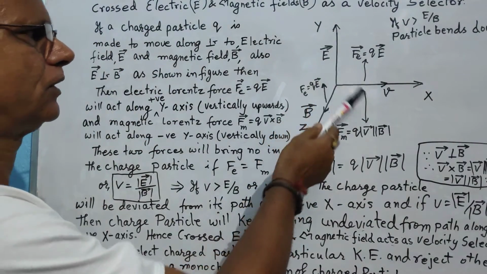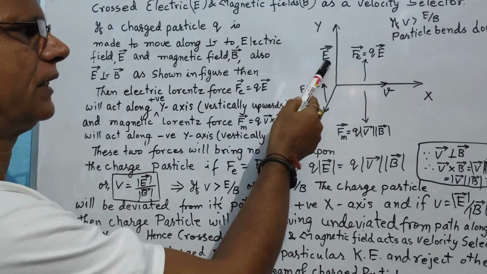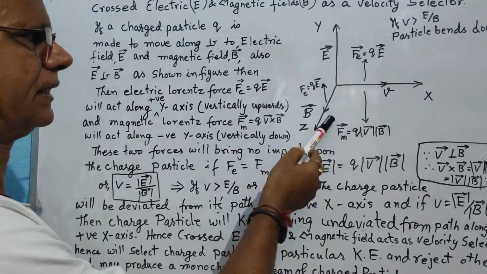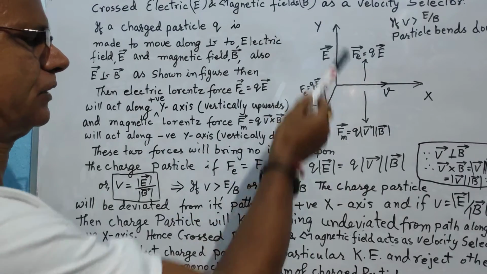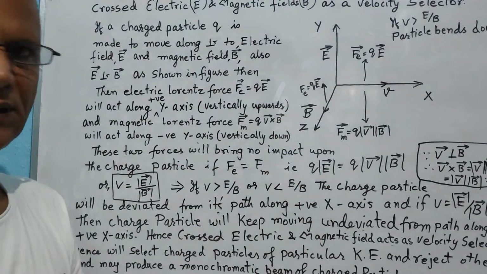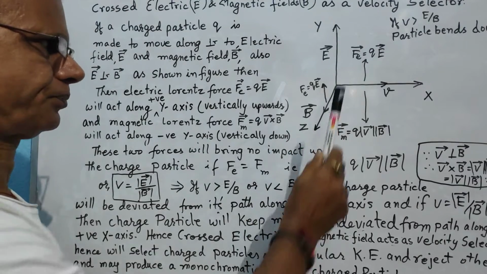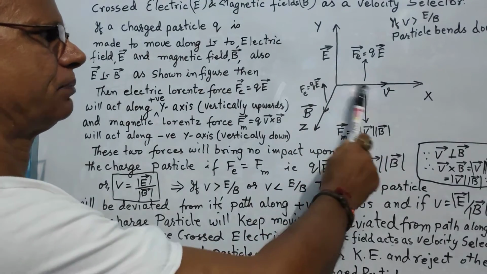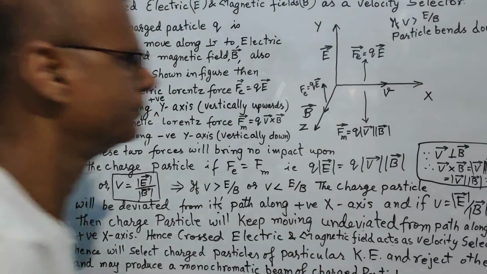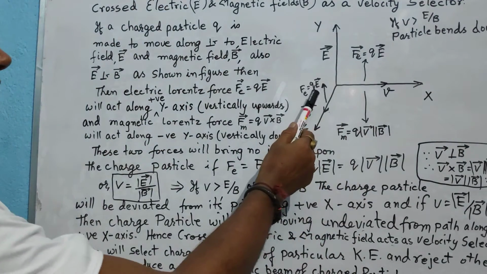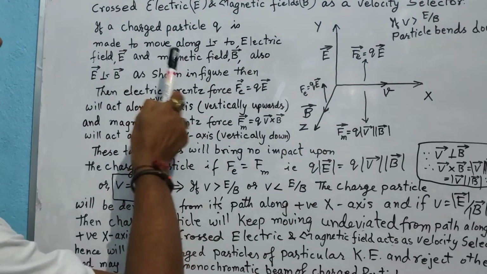How are we going to do it? We have electric field and magnetic field at 90 degrees to each other. They are along the positive y-axis and along the positive z-axis. And we take that the charged particle is moving along the positive x-axis with a velocity v, and the charged particle has charge q.